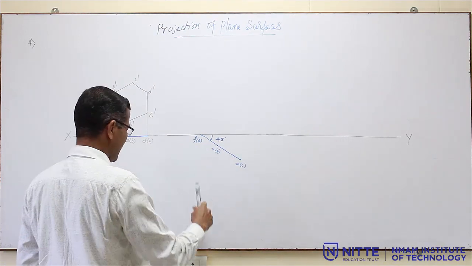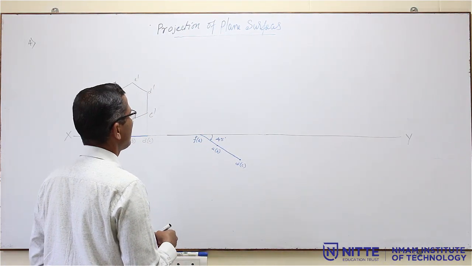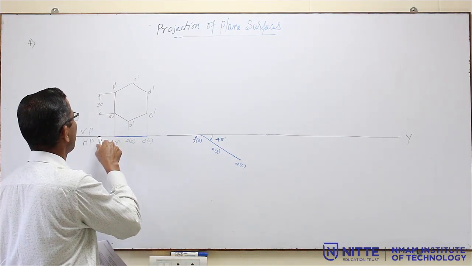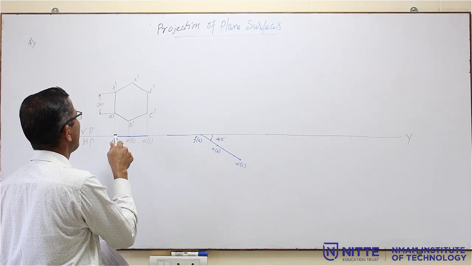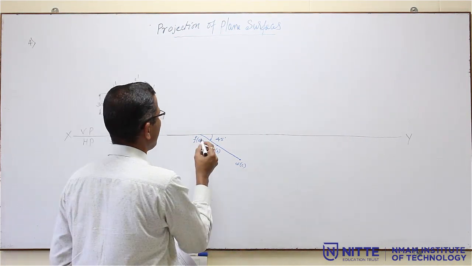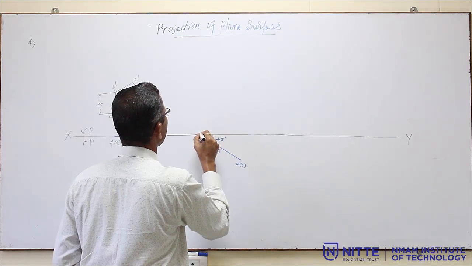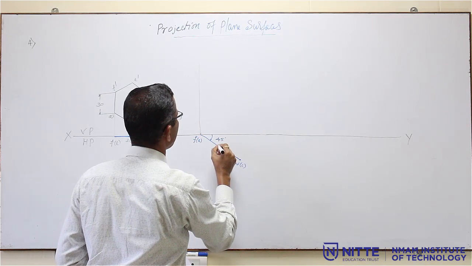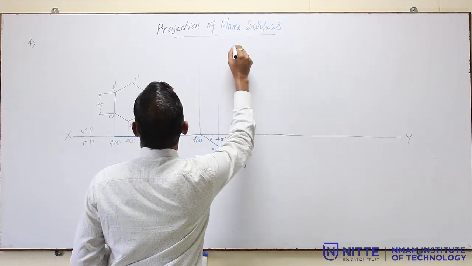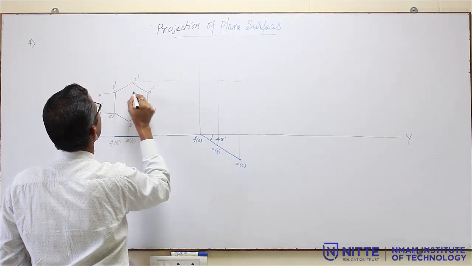Now, the surface is inclined to VP. So, whatever inclination with respect to HP will be visible in VP, and inclination with respect to VP will be visible in HP. Now, you have to project all the points up with a light line, and project horizontally all the points.